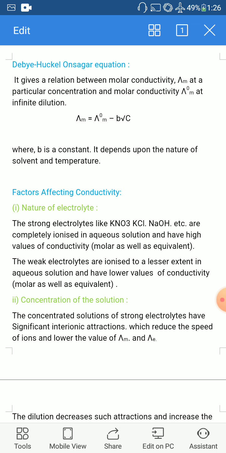Next, factors affecting conductivity. There are many factors which affect the conductivity. First, nature of electrolyte.